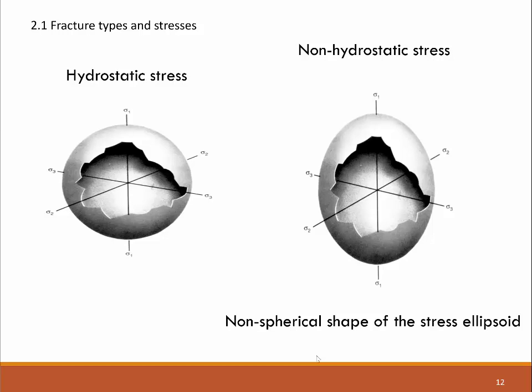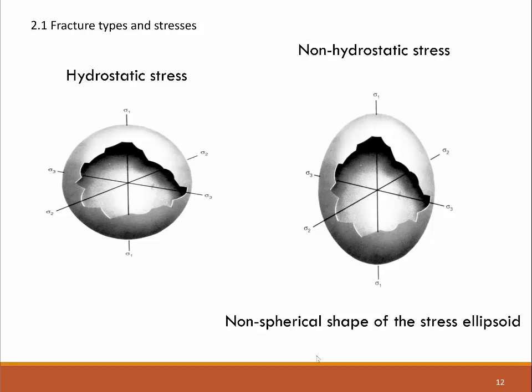Now the point is, for structural geology, we cannot really operate with hydrostatic stresses, because if we have hydrostatic stresses, we do not have differential stresses, which is the difference between the largest and smallest stress vector.